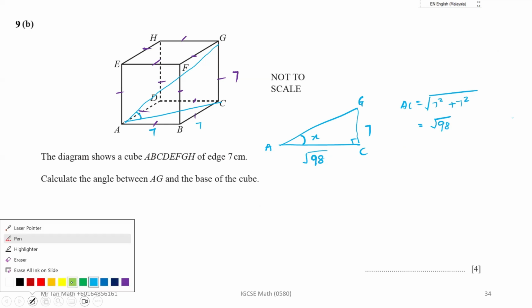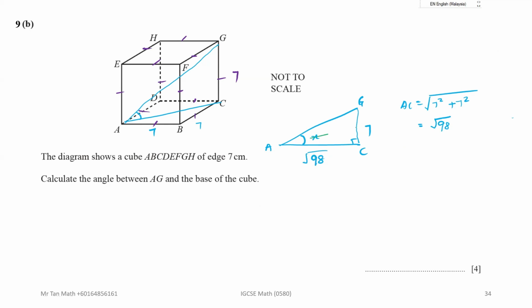Okay, this is opposite. This is hypotenuse. Therefore, this is adjacent. So we have O and A, so it's tangent. So tangent x is equal to 7 over square root of 98.